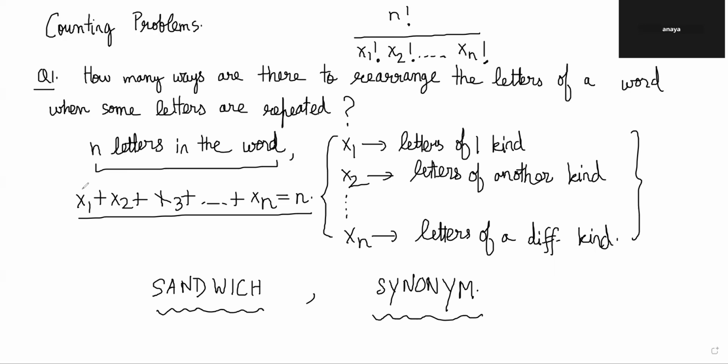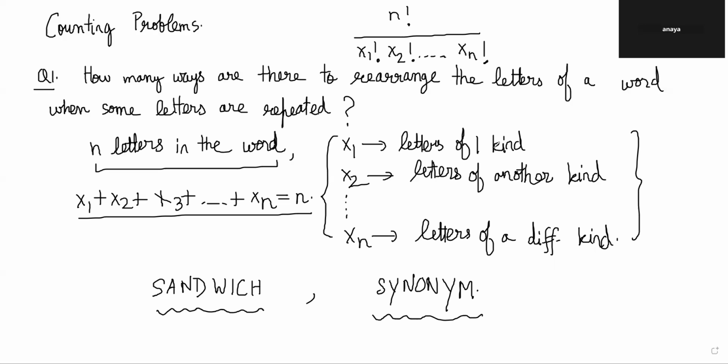But if there is repetition, let's say there are x1 letters which are A. Then if you just do n factorial, you are considering each letter to be different. But actually the x1 A's are not different, right? So you have to divide by x1 factorial, because the total number is not going to be n factorial anymore.